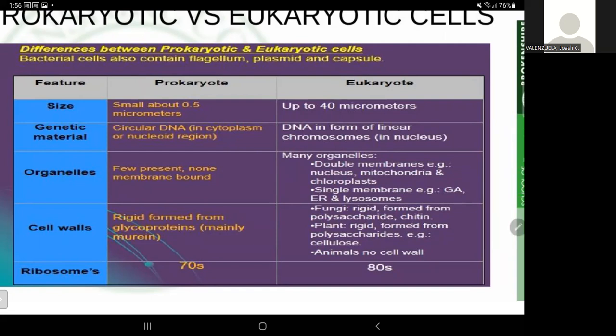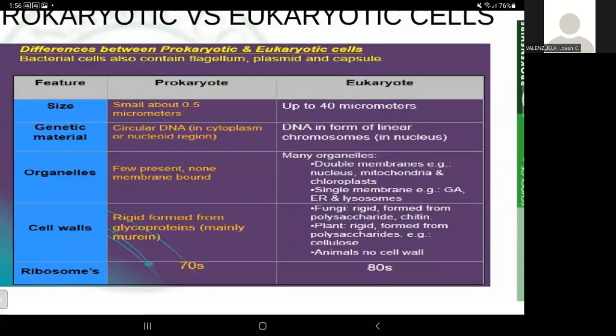Like for fungi, we have chitin, a polysaccharide component of fungi. For plants, of course, cellulose. And animals do not have a cell wall, which differs them from plant cells.